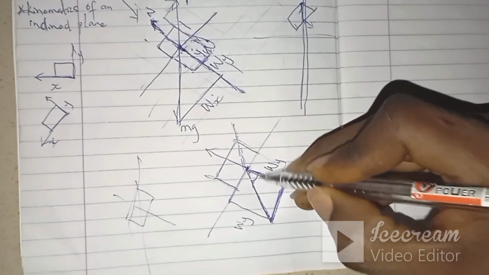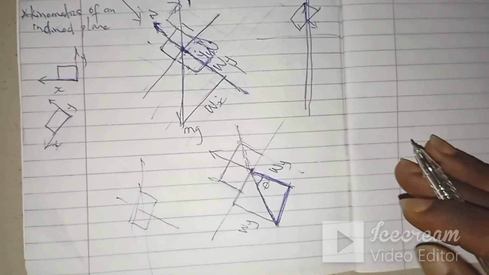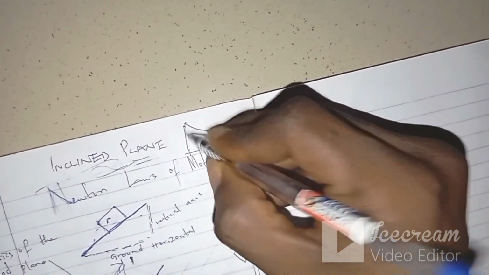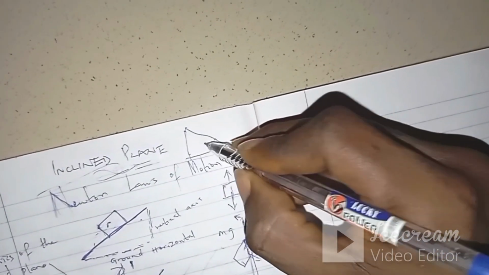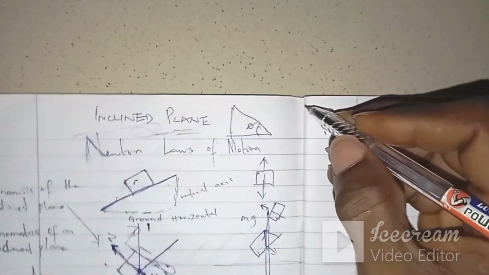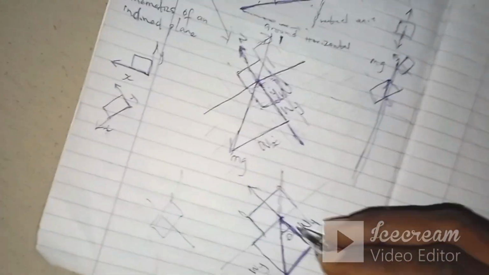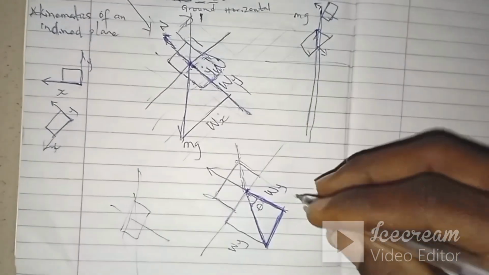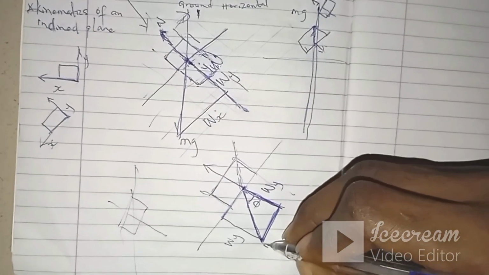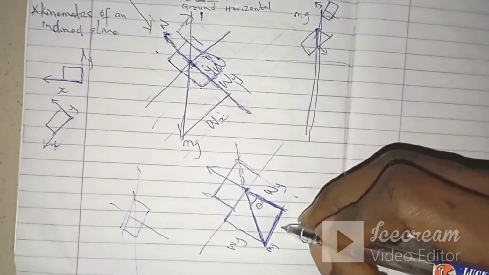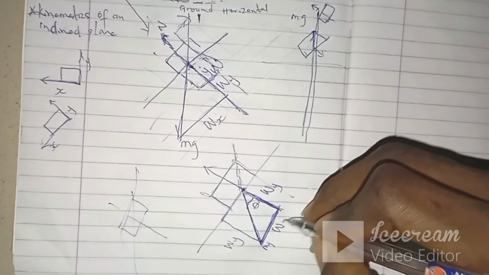the angle is going to be here. If you draw it, you'll see what I mean. If I have something of this nature, the angle is always here, theta. I need you to know that. So this is the angle theta. Remember that this is mg, which means that on the x-axis I have Wx.